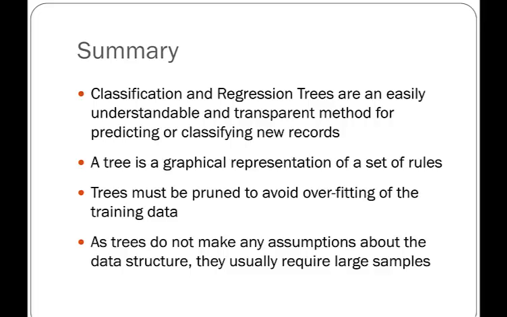We have a nice tree that is a graphical representation of a set of rules, and the trees must be pruned in order to avoid overfitting. That's again a big problem that we don't want to have happen. And finally, we don't have any assumptions about data structure, which makes us not rely on any sort of modeling assumptions, which is actually kind of nice.